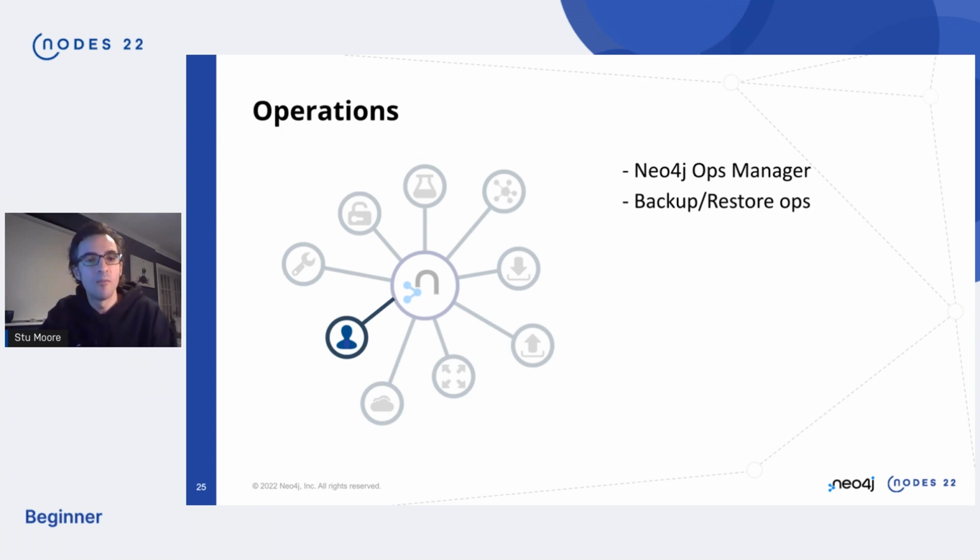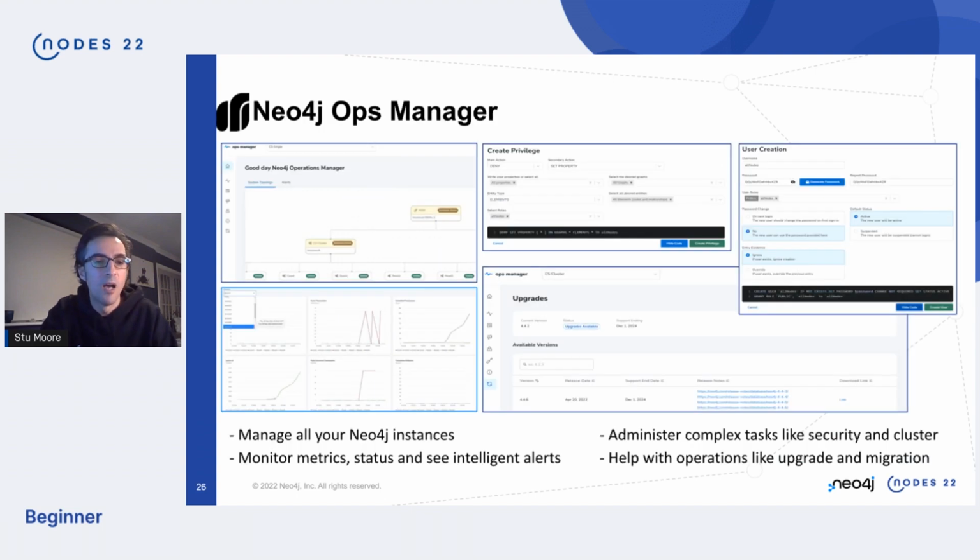I'm just going to go through some exciting improvements for the operations of our product. There's a whole talk about Neo4j Ops Manager. This was our new product release that came earlier this year. It's fantastic. It really opens up your capabilities to manage lots of servers and clusters. As an ops guy, you can manage multiple instances, you get your metrics and your status, and it helps you with complex tasks, which are a bit easier to represent visually, like managing security and clusters.